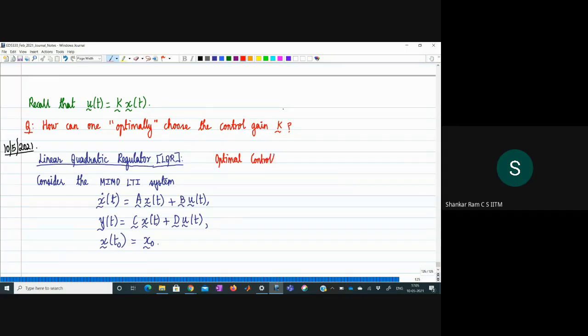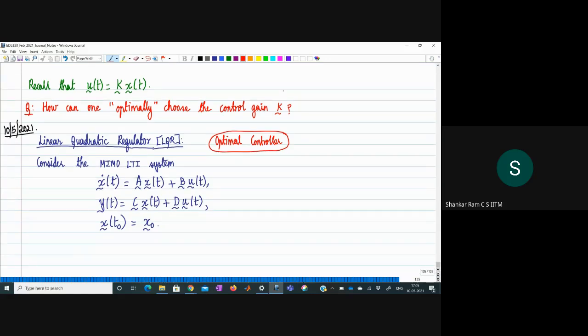It belongs in the category of optimal control. So the question becomes, how do we design this regulator or controller? That is the question we asked ourselves, and we are going to answer it in today's class.